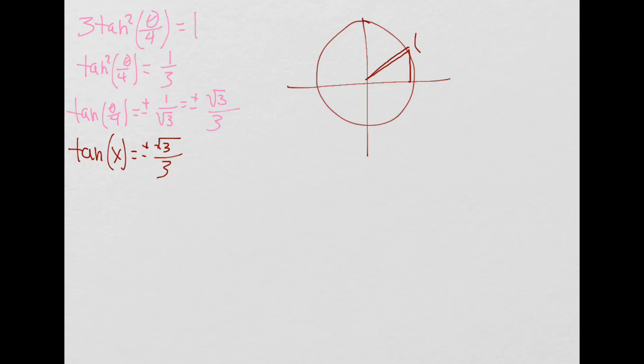This point up here is going to have an x value of cosine, which in this case is root 3 over 2. It's going to have a y value of sine, which is 1/2. Now tangent is slope, rise over run, y over x. So we get 1 over 2 over root 3 over 2, and our 2's cancel, and we get 1 over root 3, which we already showed was the square root of 3 over 3, which is what we're looking for.